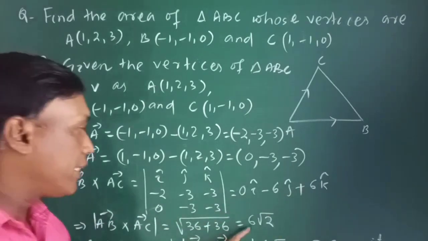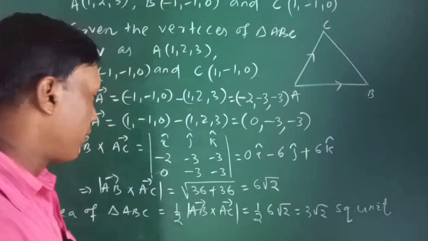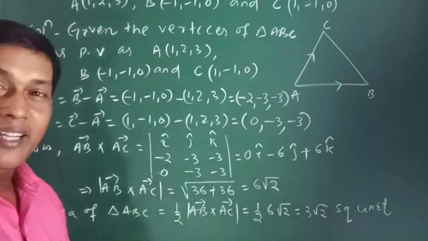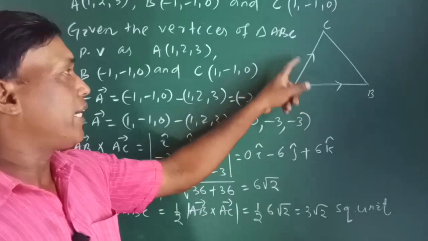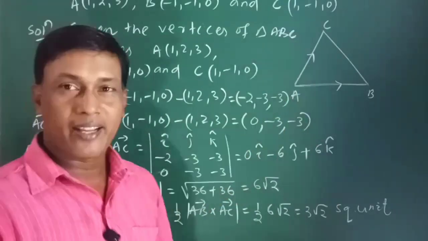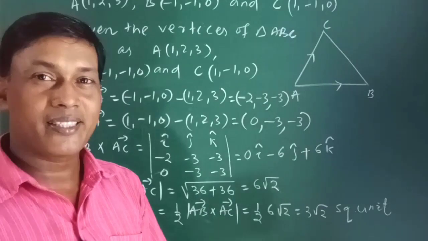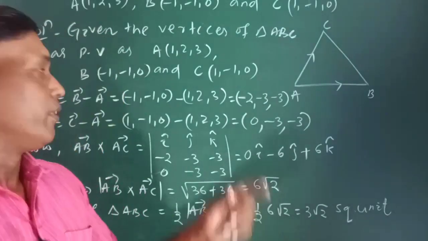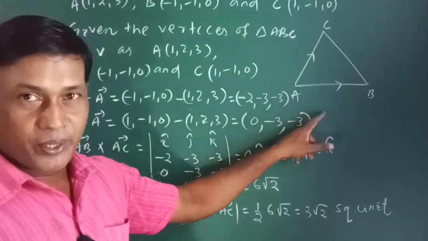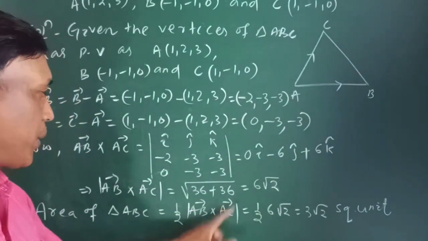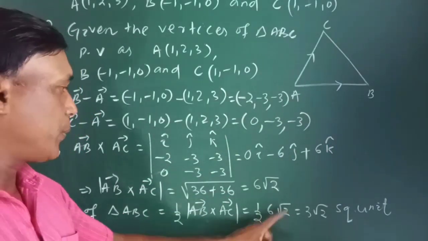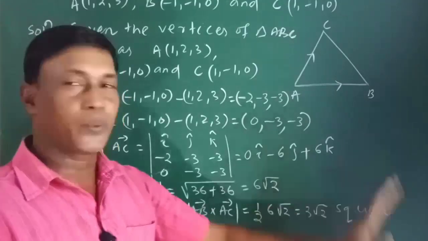This is 6 root 2. But the area of a triangle, if the two sides of a triangle are two vectors, is half of the magnitude of the cross product. So half of AB cross AC, half of 6 root 2, that is 3 root 2 square unit.